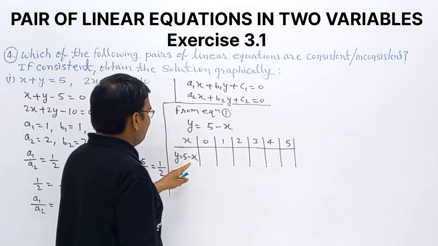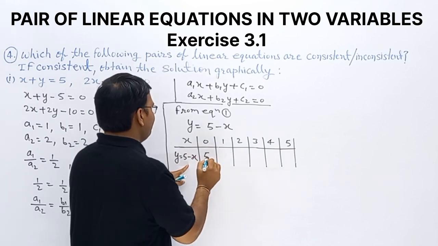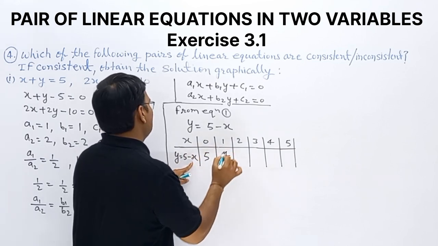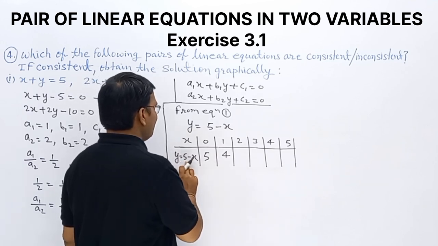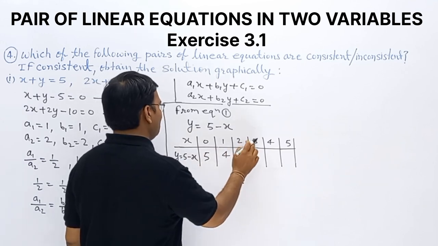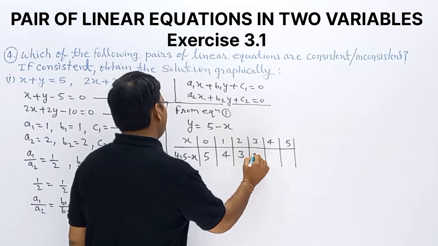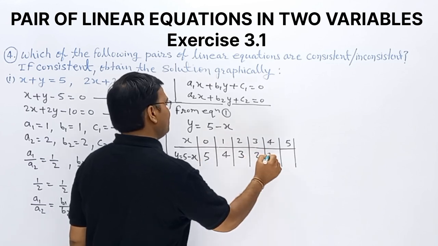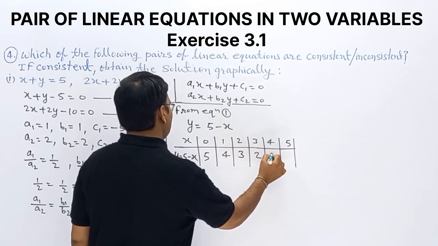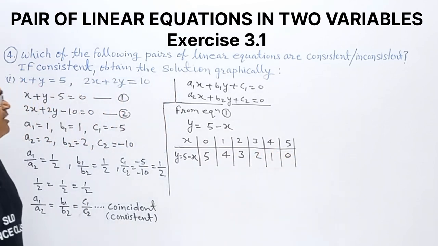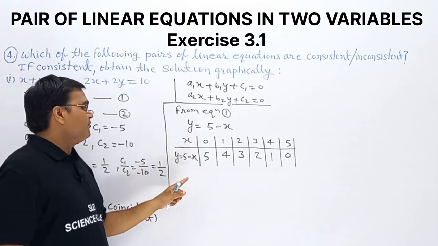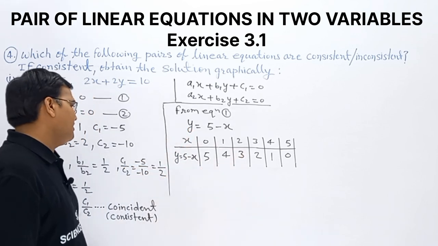Once we put x equal to 0, the value of y is 5. x equal to 1, then 4. x equal to 2, then 5 minus 2 is 3. Then 2, then 1, and for x equal to 5, y is 0. So taking values of x from 0 to 5, from equation 1 we get the values of y.